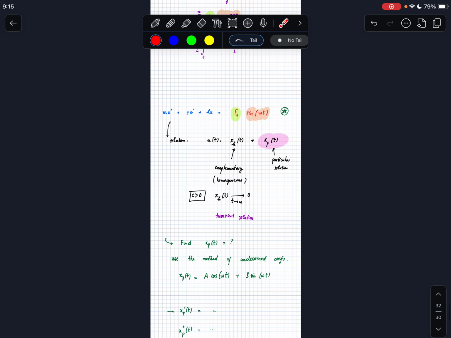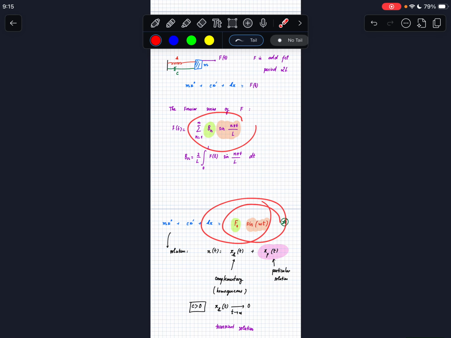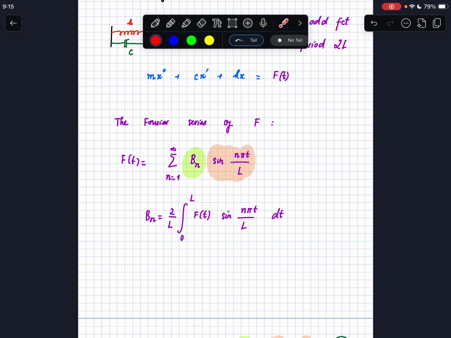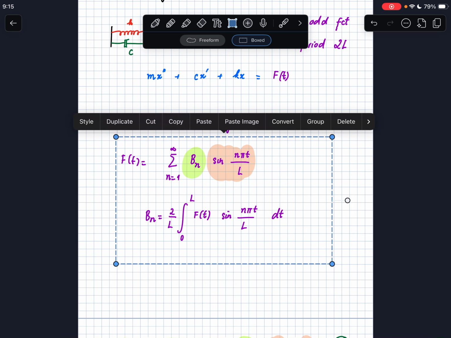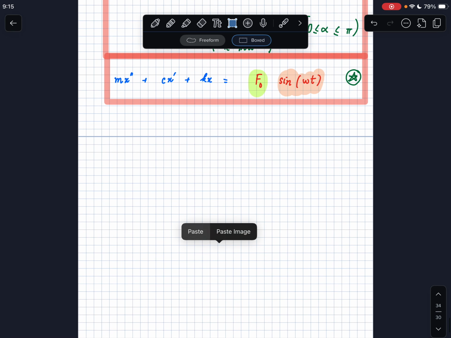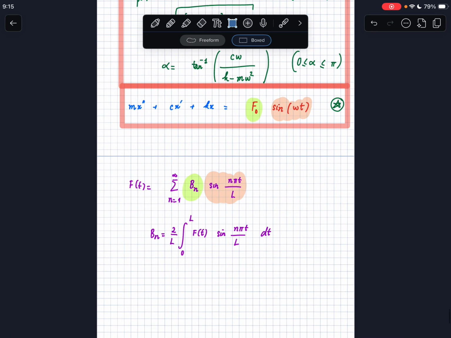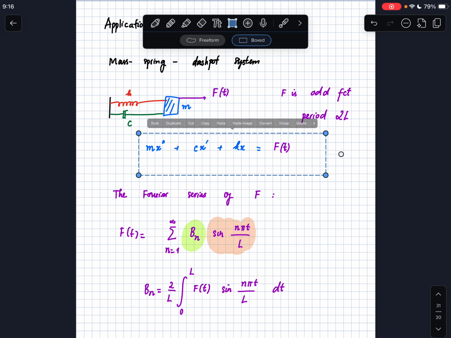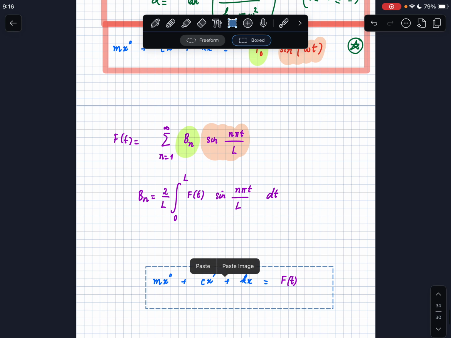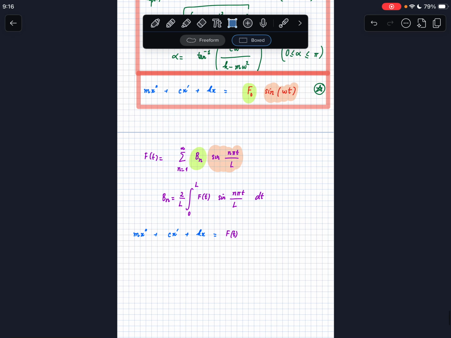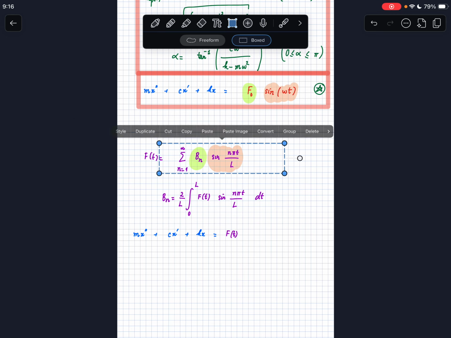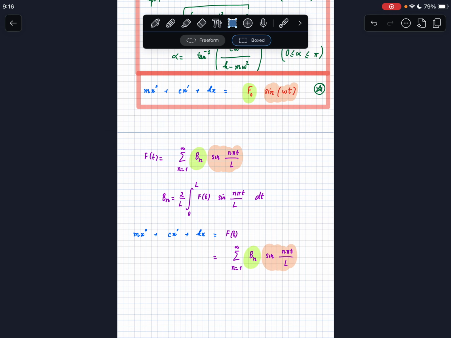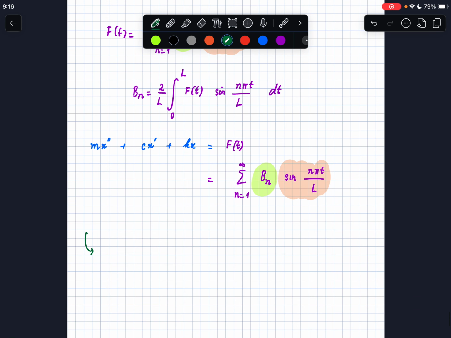We want to do that not only for just one term, but for the summation of all those terms. By the superposition principle, we can get all of those. The superposition principle tells us that we have a solution of mx'' + cx' + kx = f(t), equal to this sum.